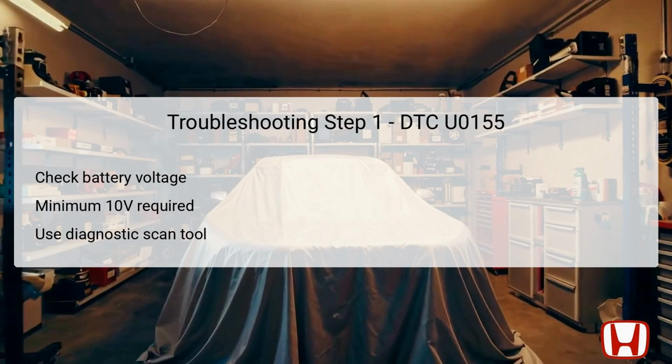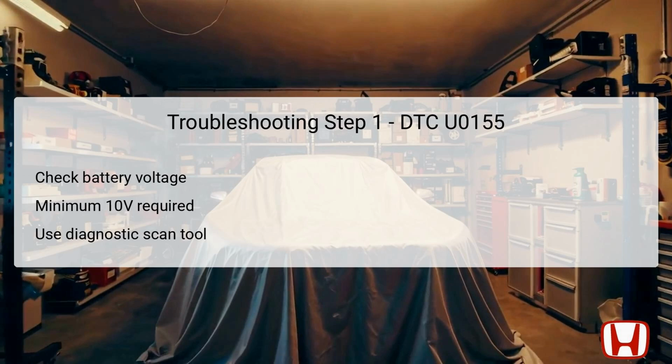It's vital to ensure that the battery is providing a minimum voltage of 10 volts for proper vehicle functionality. Insufficient battery voltage can lead to communication issues, triggering the diagnostic trouble code. Using a reliable diagnostic scan tool, you can monitor the battery status and check for any discrepancies in voltage levels.